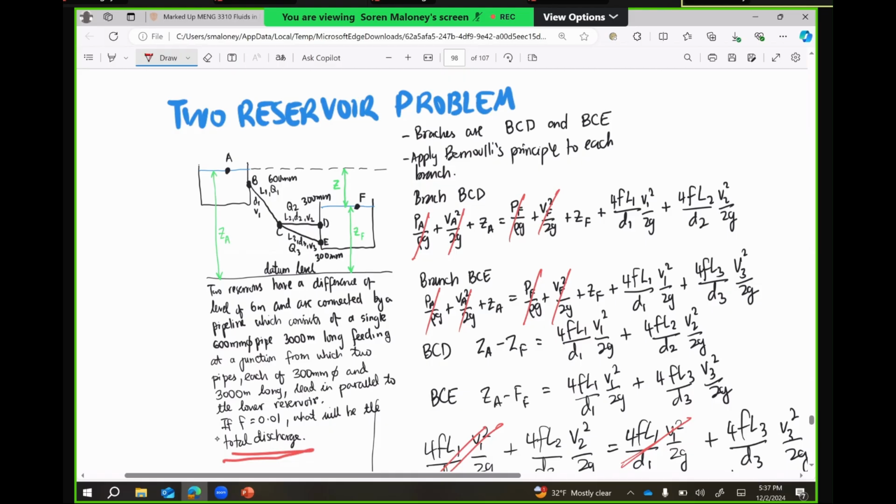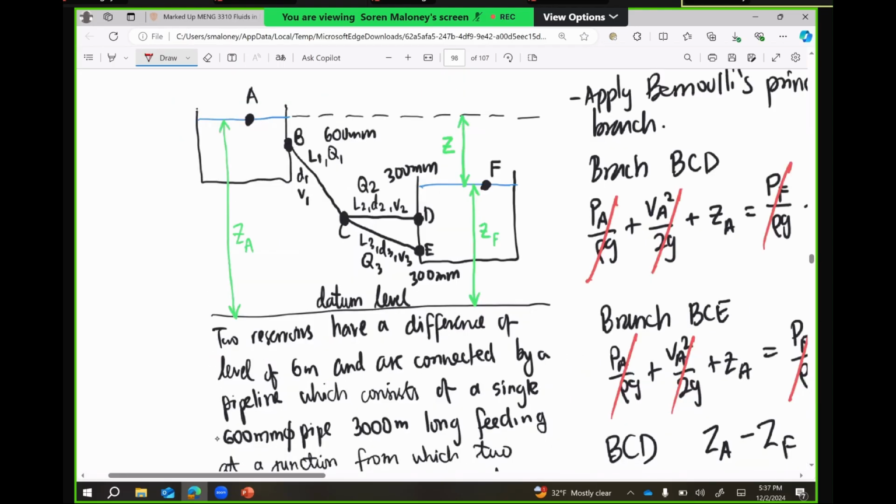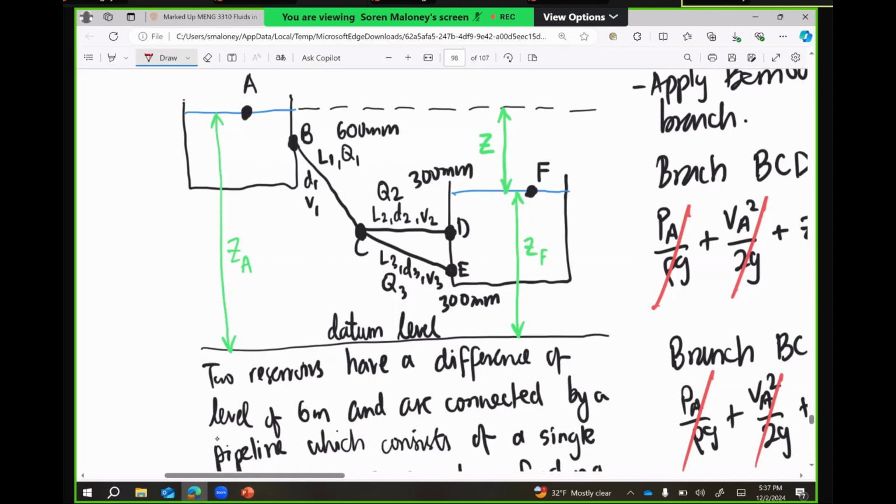So we have two reservoirs here. But look at what's happening. The pipe between these two reservoirs is branching off. Now remember, we said that Bernoulli's principle can be applied between any two points.